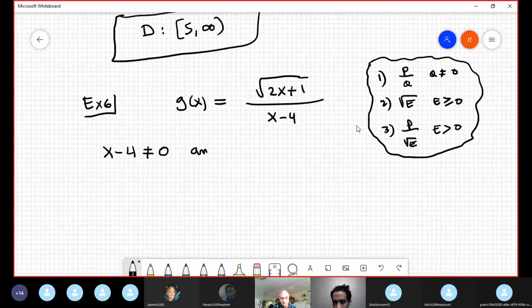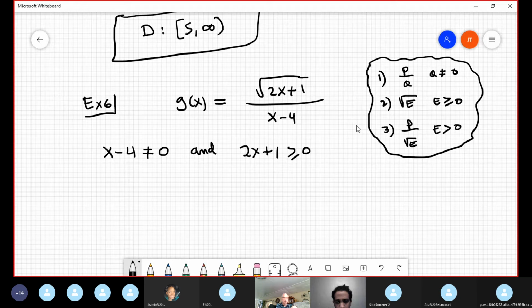And remember, always it is 'and'. The expression inside the radical is non-negative. These are the restrictions. End of story. The rest is solving this compound inequality and doing the graph. Any questions so far? Is it clear or confusing? Okay.